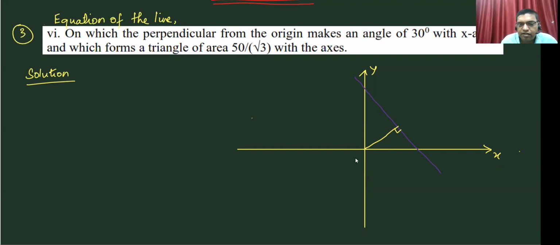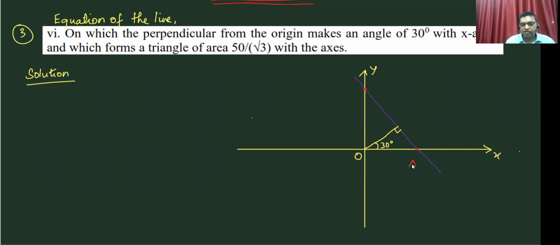So, look at this. This is the origin. Perpendicular from the origin to the line will make an angle of 30 degrees. Okay. Now the line cuts the axis at whatever these 2 points.